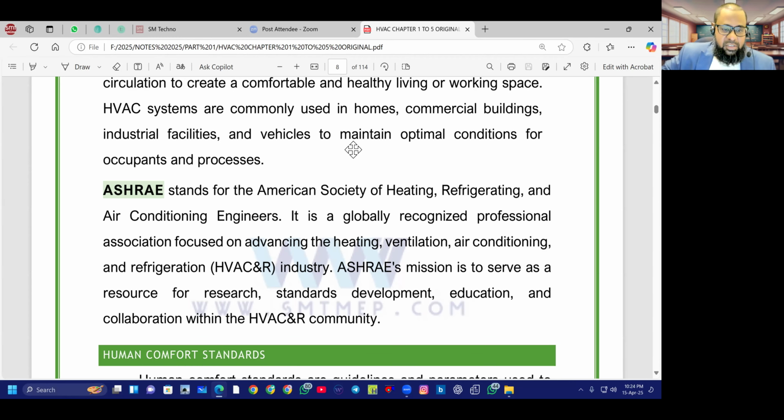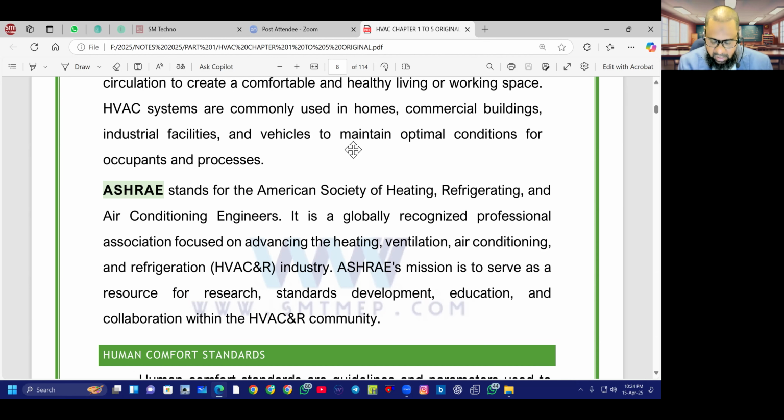For example, in this training program, we are taking examples for an office project or a school project or a hotel project, etc. But in actual practice, if you get any other application, in that case, you need to get the information from the ASHRAE application handbook. So I'll teach you how to design. So learn how to design with a few examples or a few applications, and focus more on the concept.